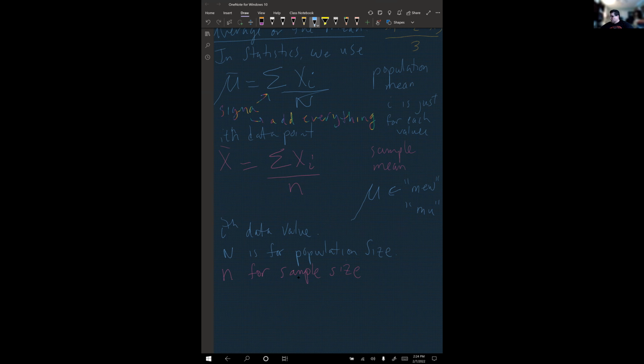So it's got the Pokemon sound to it, mu. It's not the letter U. It's got that long tail. And I try to exaggerate the length of the tail because it's really important to note the difference. If you put a letter U, people are going to be confused. If you have that, it makes more sense.